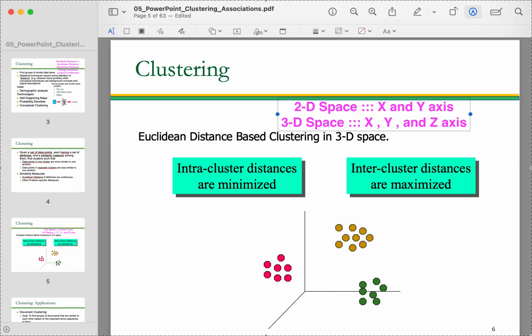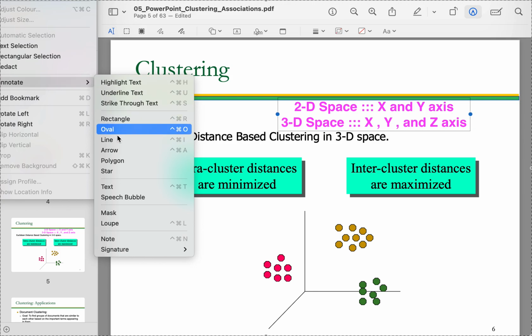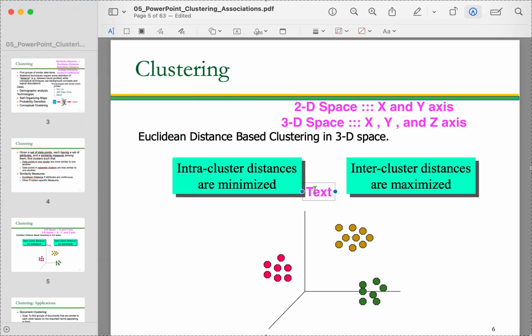The x is over here. Y is over here, as we have seen so far.